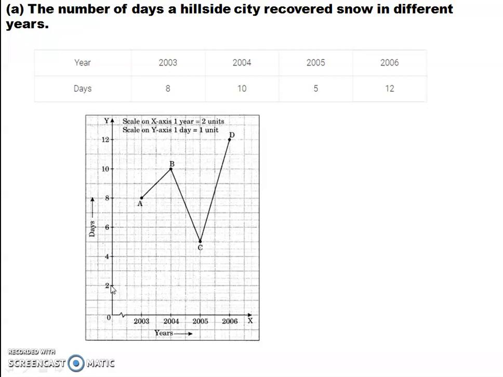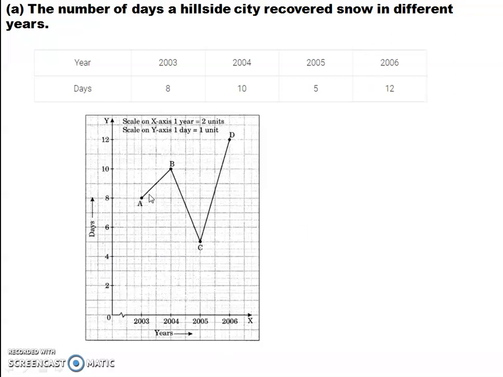Here you can see 1, 2, 3, 4, 5, 6, 7, 8 as written. Now 2003, the reading is 8. 2004, 10. 2005 it is 5, that is between 4 and 6. 2006 is 12.